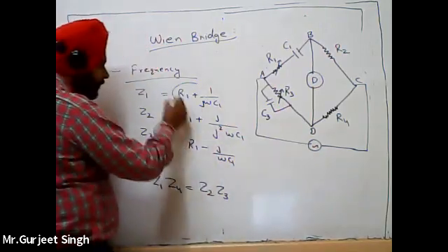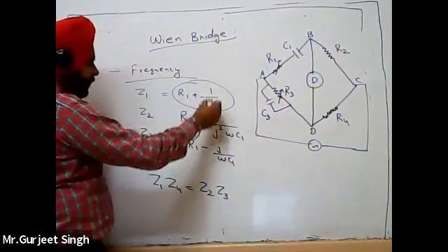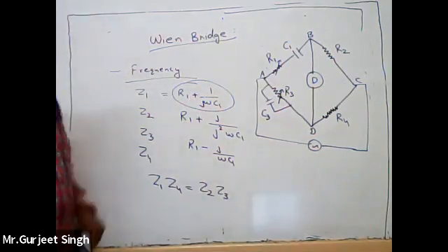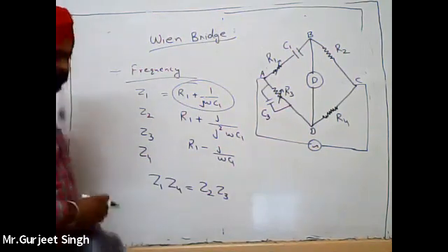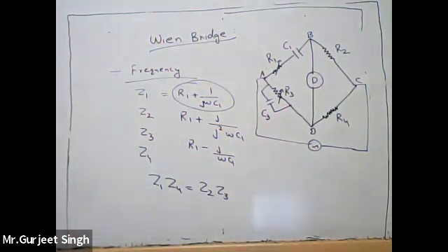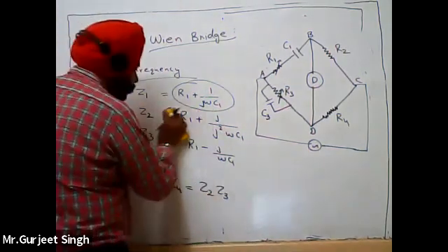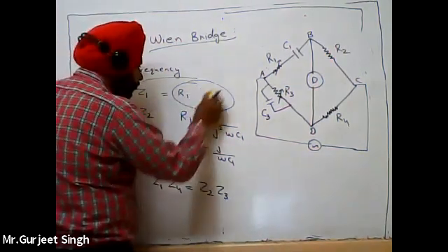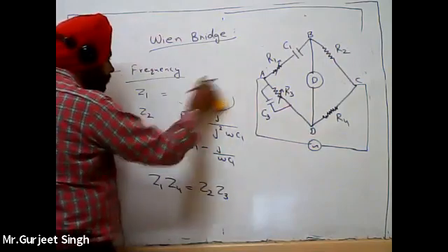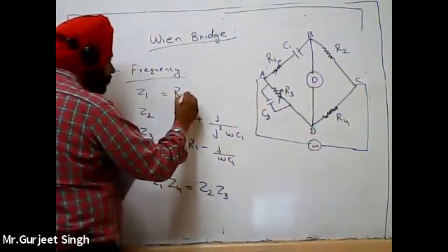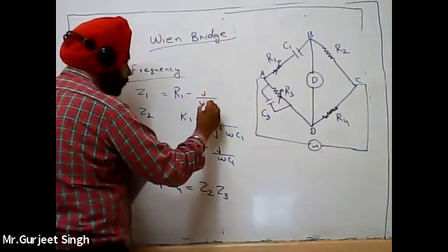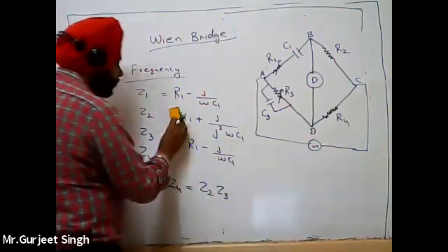So instead of R1 plus 1 upon j omega C1, I will write R1 minus j omega C1. These two are equal.